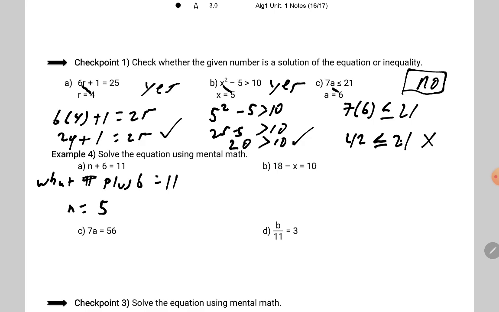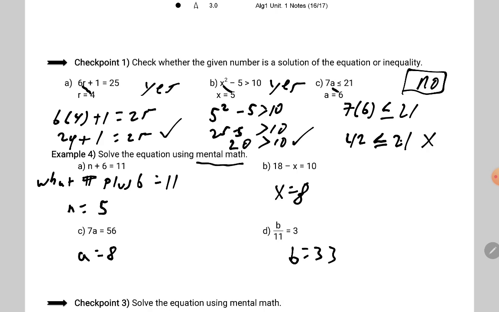So how do we get from 18 to 10 if we're subtracting? We're going to subtract 8. 7 times what number is 56? That would be 8 if we remember our times tables. Here, what number divided by 11 is 3? b equals 33.